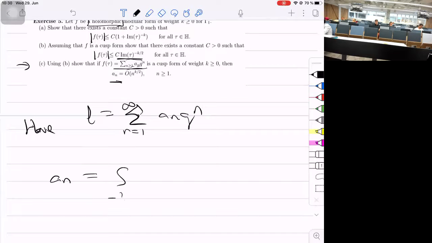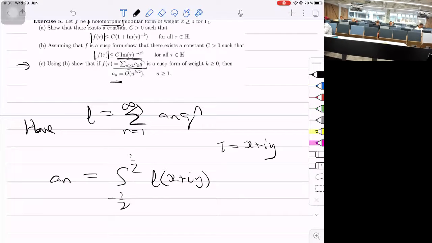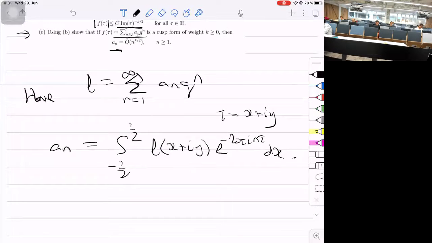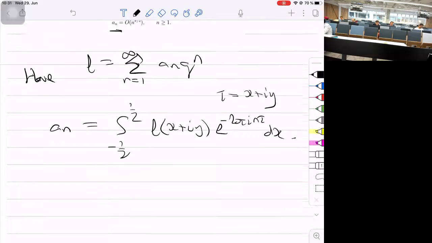Then we can write the following integral to get the coefficients of the cusp form. So we take tau to be x plus i y, we multiply with this complex exponential and take the integral over x, and you get a formula for the coefficients of the cusp form.